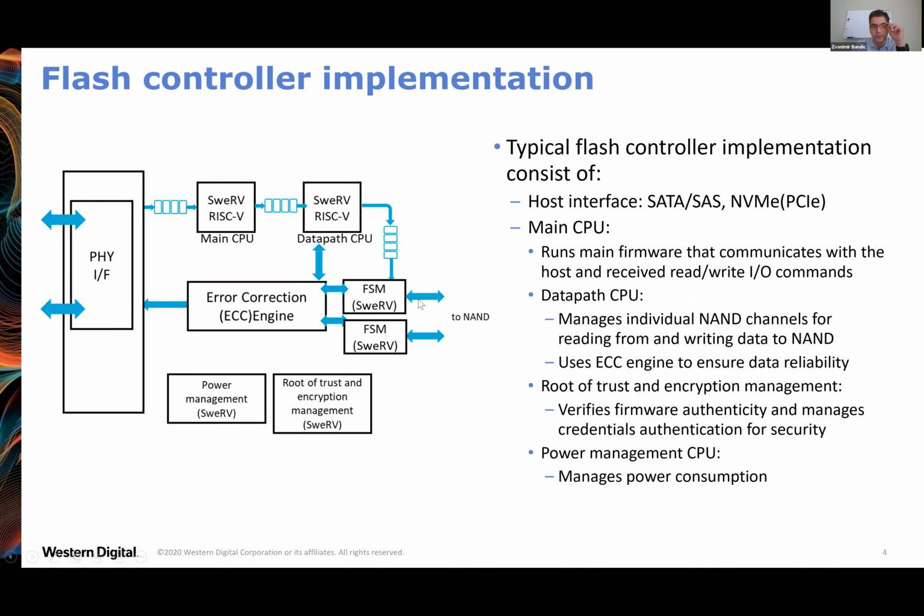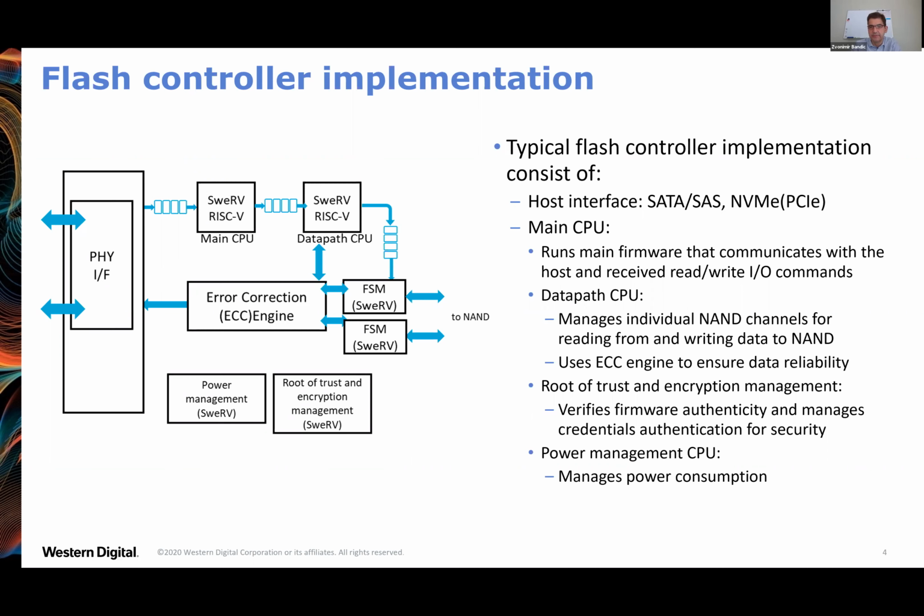So you will have, depending on a class of device, 2, 4, 8, or even more channels behind which you will have NAND devices, and each channel will need to have a dedicated IP that will generate the sequencing. That's another opportunity for the embedded core. And the datapath CPU will also have to manage the encryption engine, meaning when it's writing data to the channels, it will have to add ECC code.